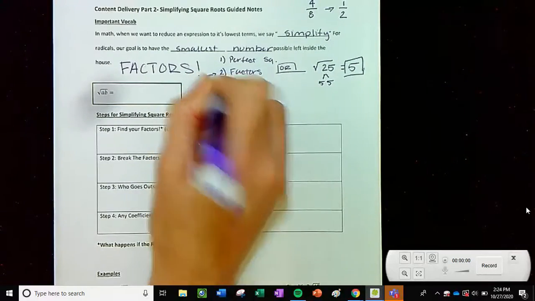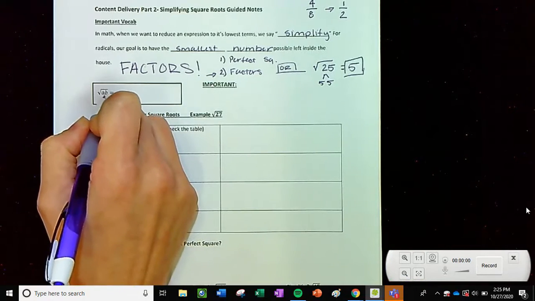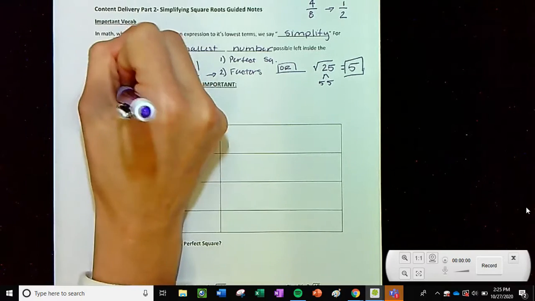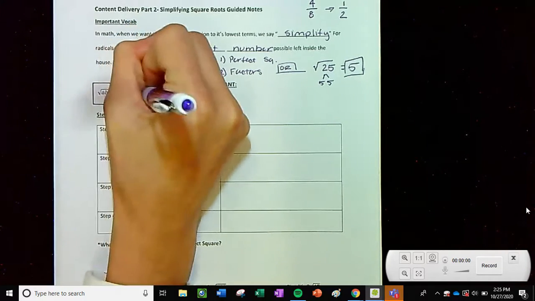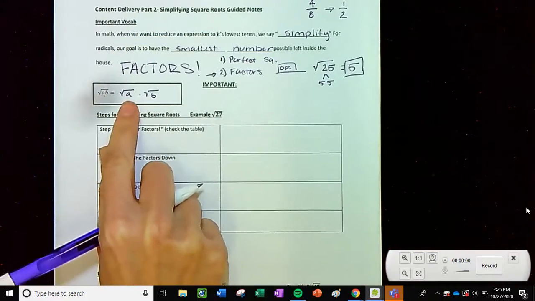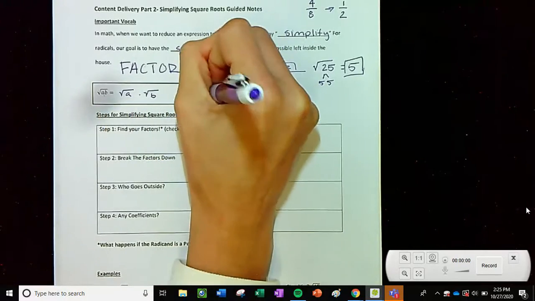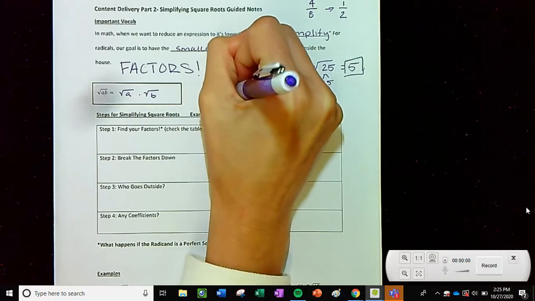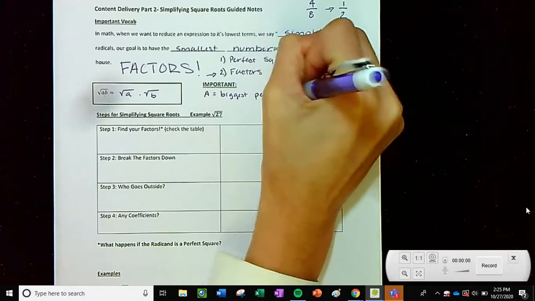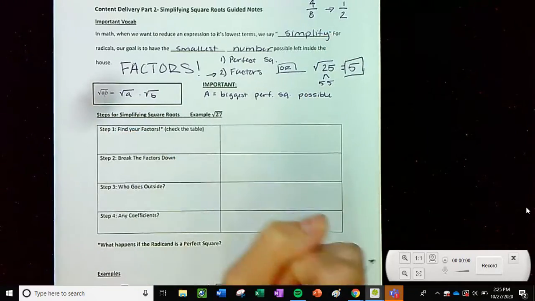Then you're going to have to find the factors, okay? So you'll have a number that you can break up into two factors: the square root of A times the square root of B. And when you're breaking your radicand up into the two factors, A should always be the biggest perfect square possible that will evenly divide into whatever your radicand is.